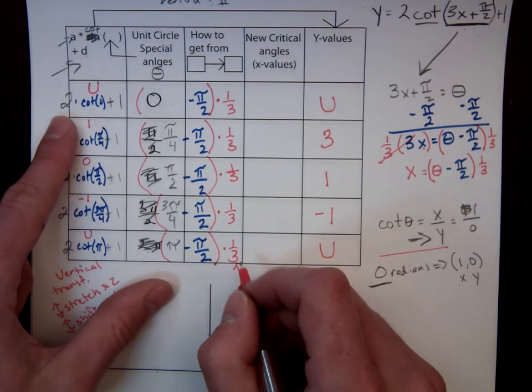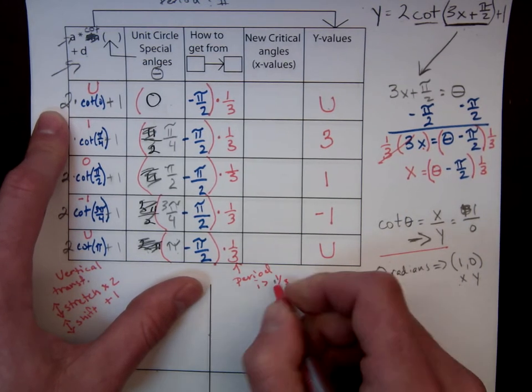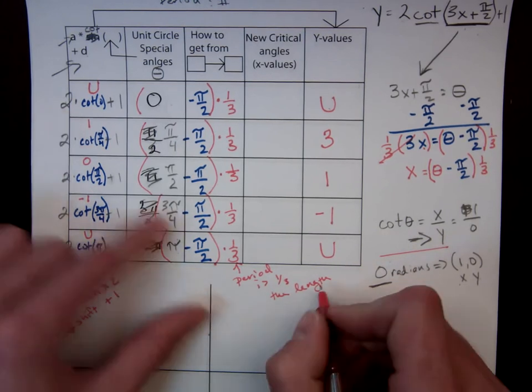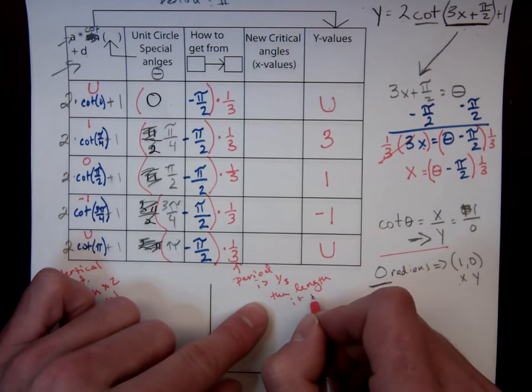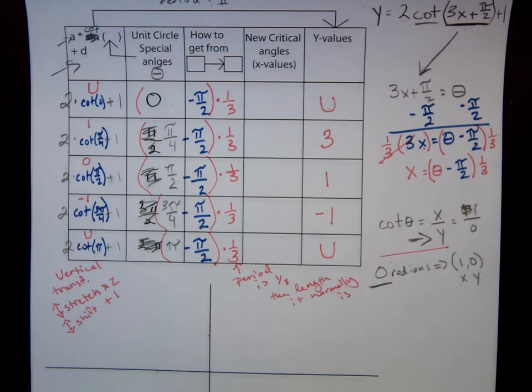Okay, so the period is 1/3 the length it normally is. And hopefully I didn't get on my graph too much there.